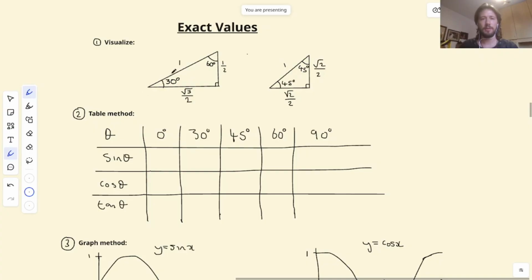Similarly, if we have another hypotenuse 1 triangle, and we draw 30 degrees and 60 degrees, we'll get an opposite of a half and an adjacent of root 3 over 2. Just visualizing these triangles, we might be able to understand the angles that I will describe in this table below.